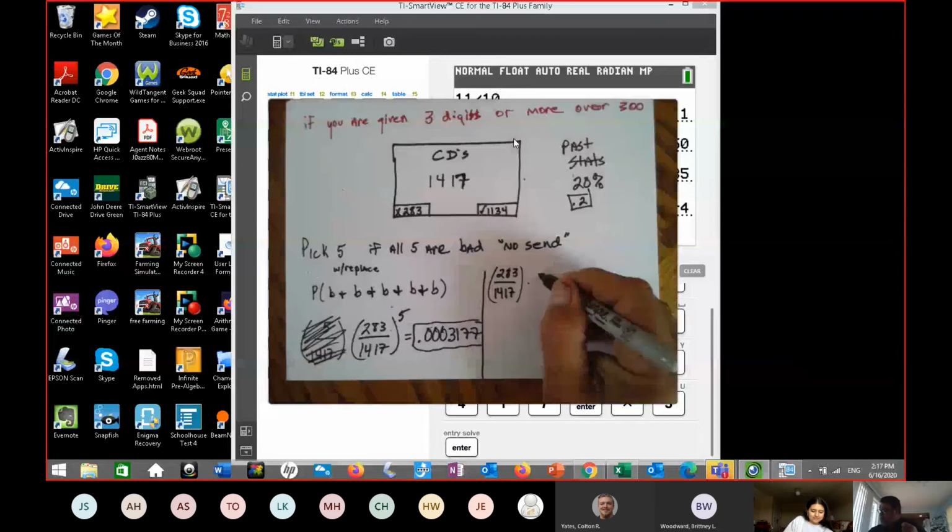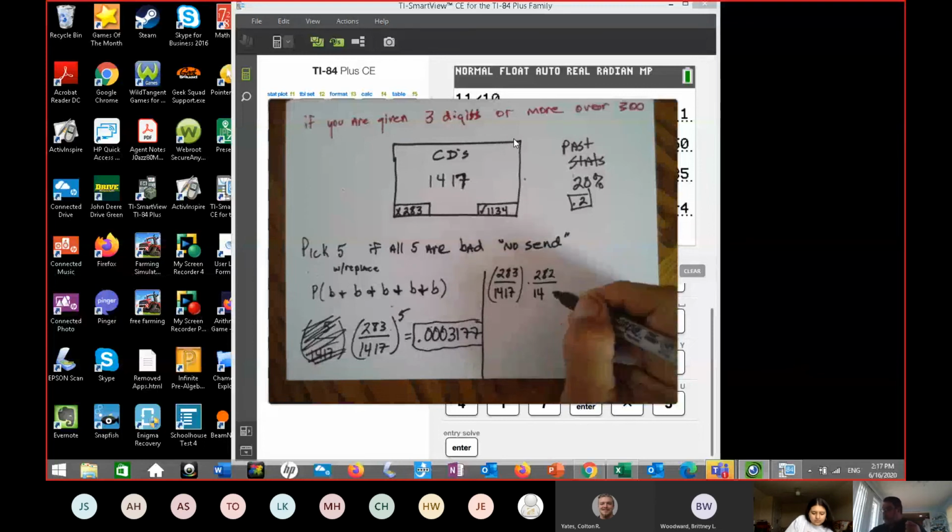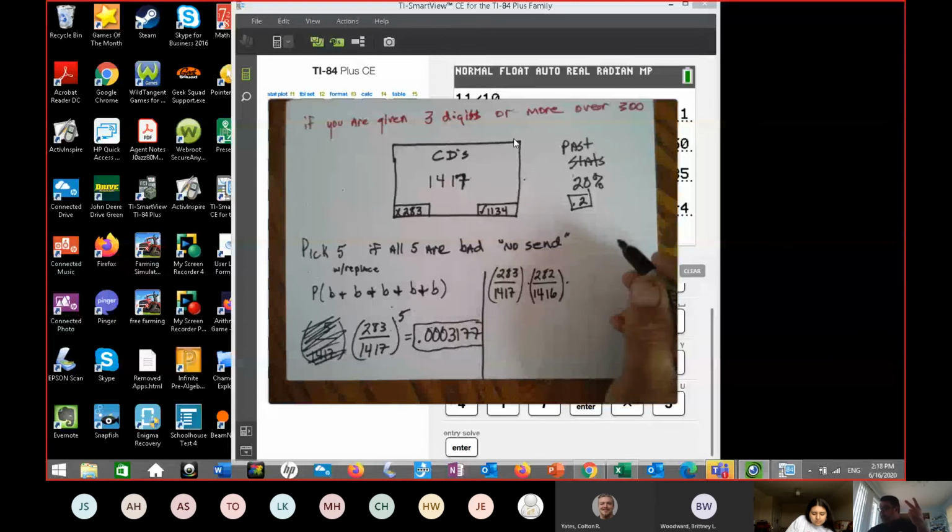So 282 out of 14, not 17, but 14 what? 16. Now I got 2 in my hand. So what's my third draw going to be? 281 out of 1415.